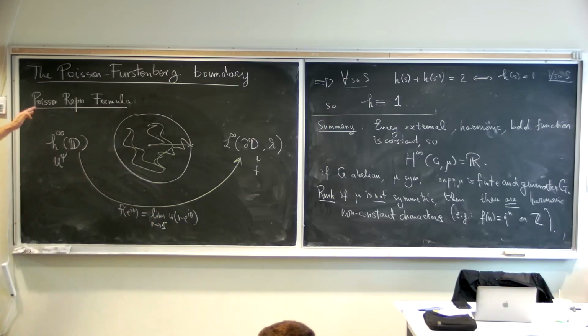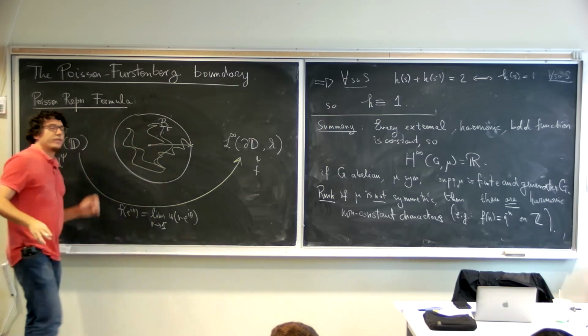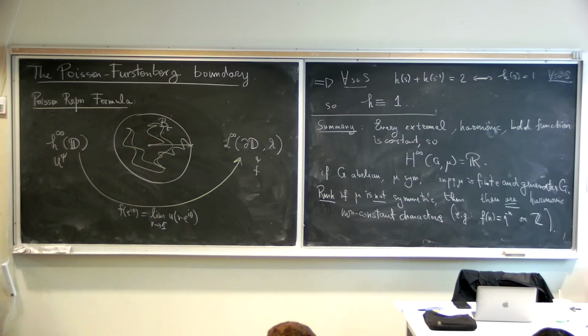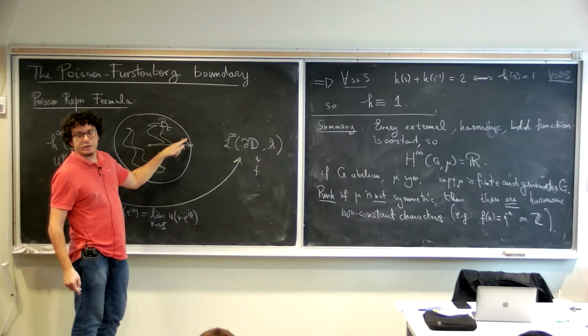Again, you can take maybe other types of limits, but for instance, probabilistically, if we know how to define the Brownian motion on this manifold with negative Riemannian curvature, then you could take the average of the function along the Brownian path.